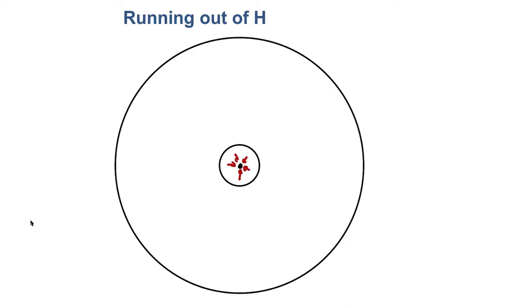But that doesn't stop there, right? Because all of those layers on top of it have to contract as well. If you're contracting there, you're also contracting here on the outside. And these layers also have to become hotter and denser, and the nuclear reaction rates have to be going up in those regions as well.